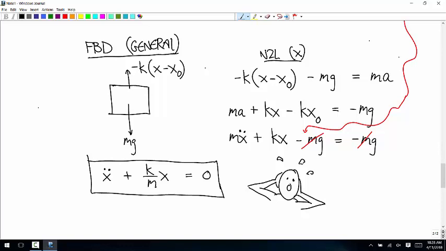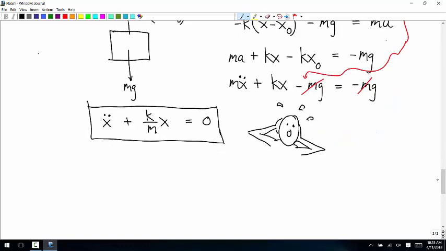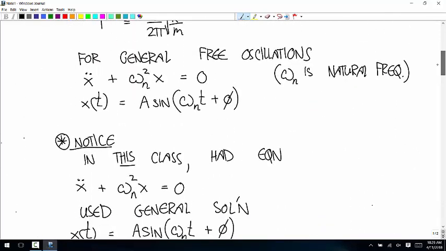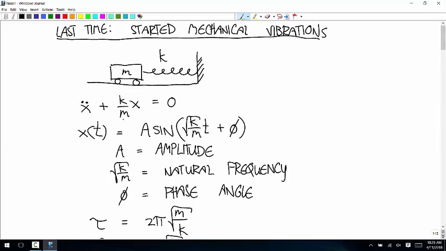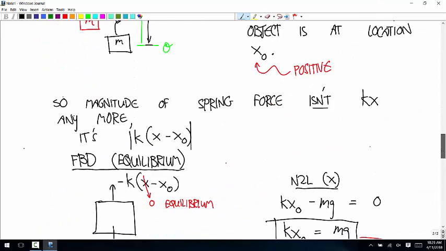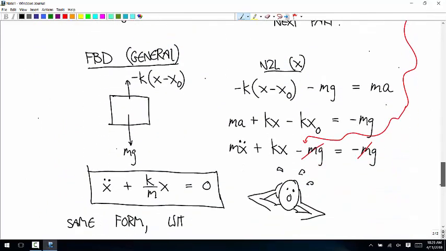Okay. So what's the same and what's different? Obviously, the form is the same. What's different? No, that's the same, wherever it is. The only thing that's different is our x equals 0 stands for a different position.